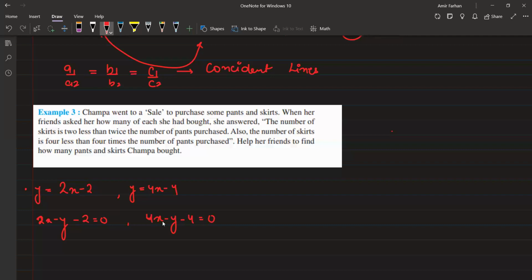I'm asking whether it is an intersecting, coincident, or parallel line. If you have formed it, Hiba, your equations are correct. Now just compare the ratios and let me know which one it is.